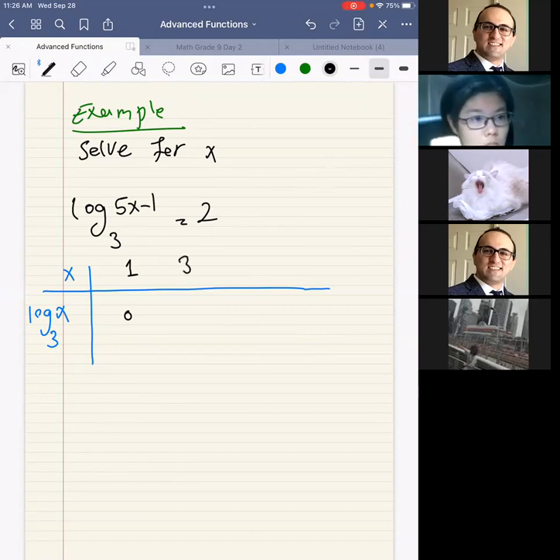If x is 3, what is log of 3 with base 3? 1, because 3 to the power 1 is 3. How about 9? 2. Log of 9 is 2, because 3 to the power 2, or 3 squared, is 9. And then for 27 it is 3, and so on and so forth.